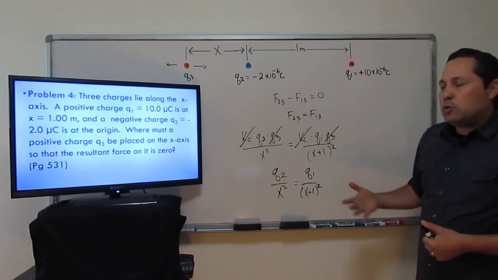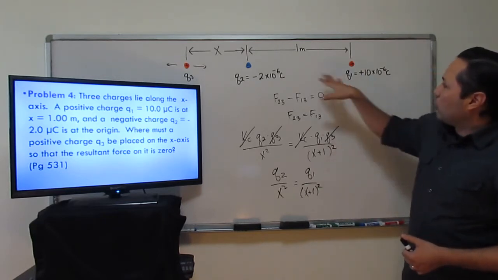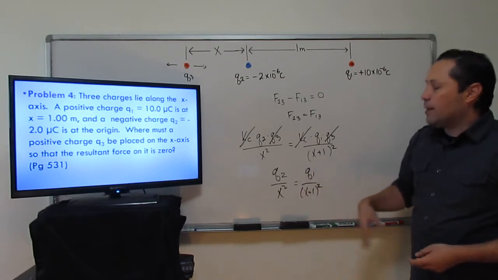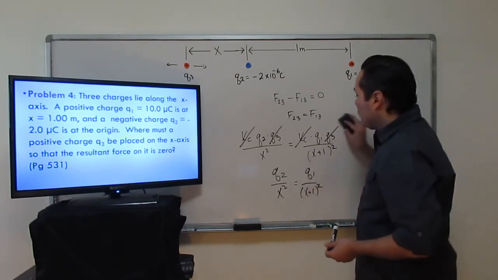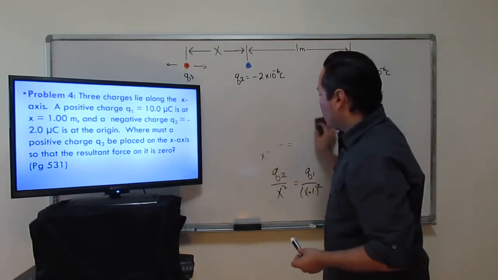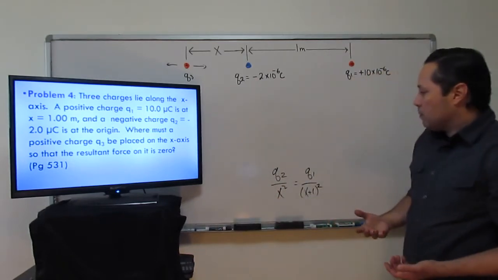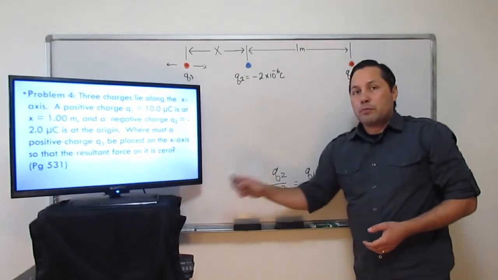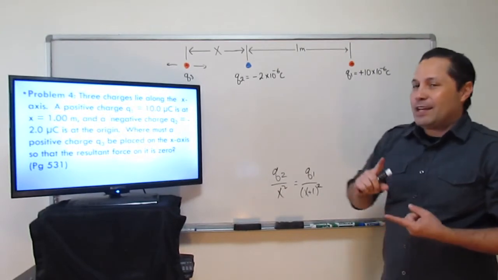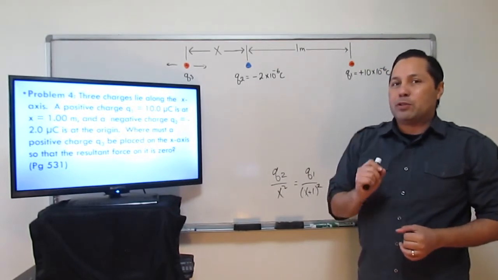Now what we're going to do is plug in the values for q1 and q2 in here and set it up. We will need the quadratic formula to solve this problem, but let's plug in all of our values that we got. For q2, our value is negative 2 times 10 to the negative 6 coulombs. But I do want to point out that in Coulomb's law, you put the absolute value.